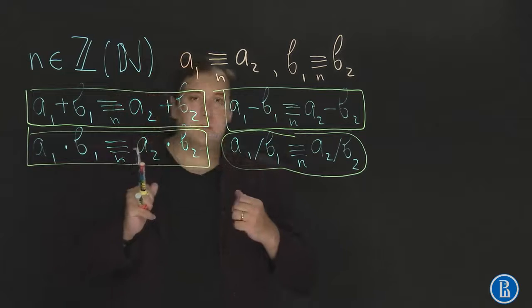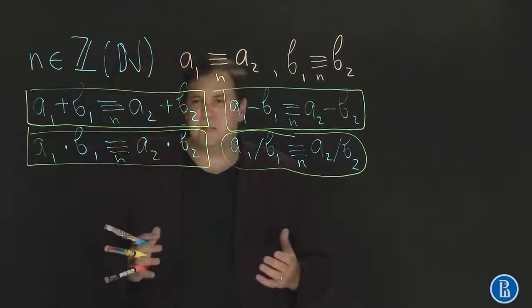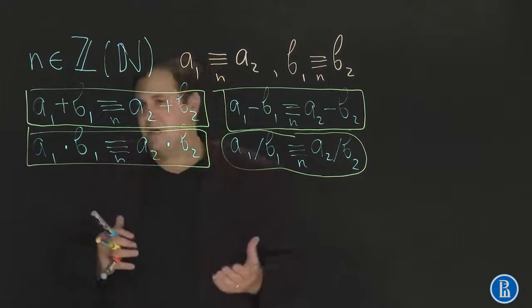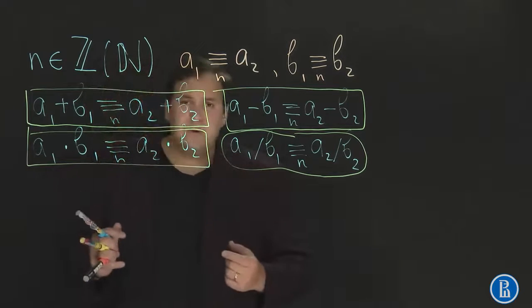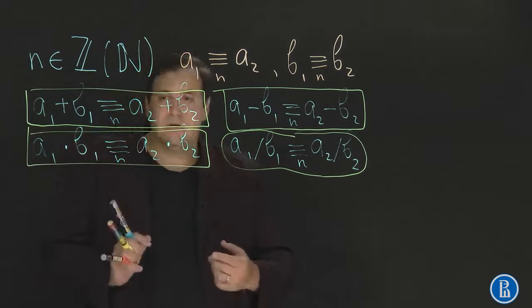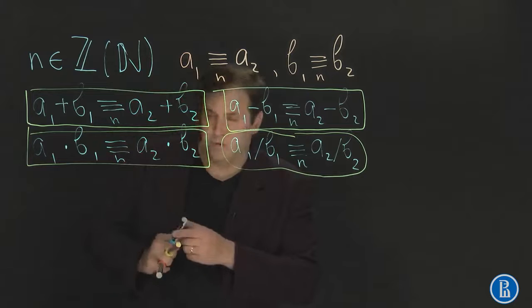Let's start by proving that these three hold. Well, proofs are very similar, so let's consider just one of them, say multiplication. And now we will prove that a1 multiplied by b1 is congruent modulo n to a2 multiplied by b2. It's a very simple proof.